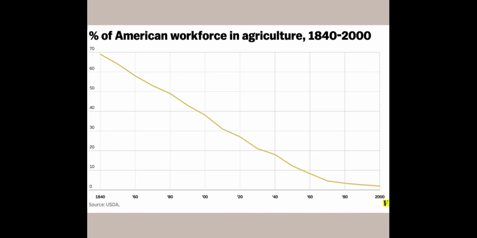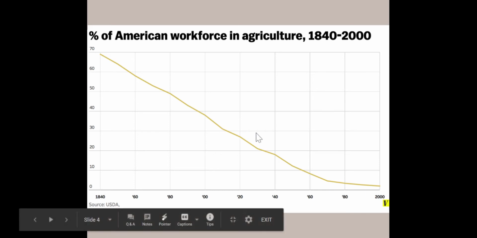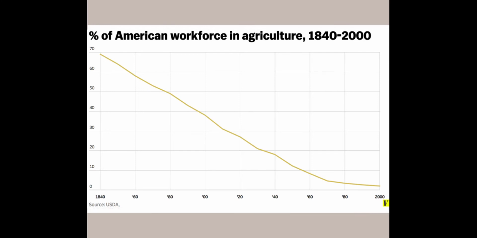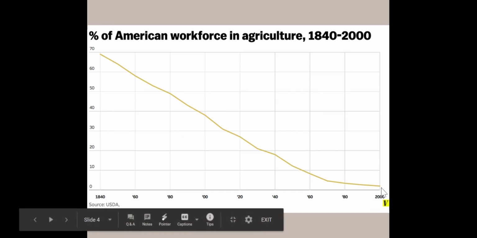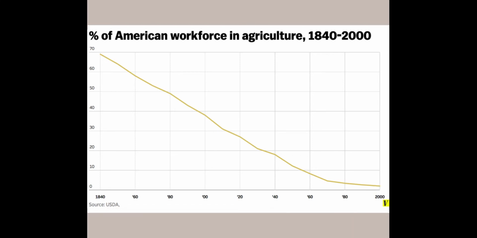Some general trends that we see in the United States and in more developed countries in general: as commercial agriculture has become the predominant form of agriculture in the country, the percentage of the workforce in agriculture has declined from its peak of 70% in the mid 19th century, all the way down to what we see today, which is fewer than about 3% of the country engaged in farming.